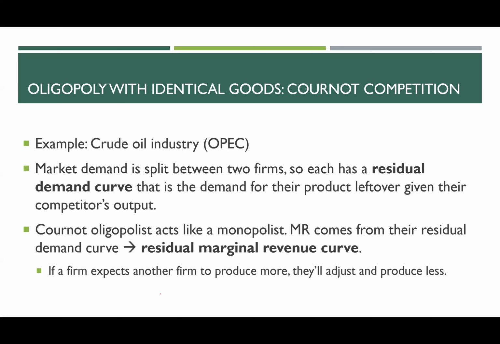So there's some portion of demand that's essentially being allocated to Saudi Arabia, and they're going to treat that part of market demand as if it is the whole market demand, okay? So when we get to the math, you'll see that, right? They're going to define their marginal revenue only with regard to their own output.